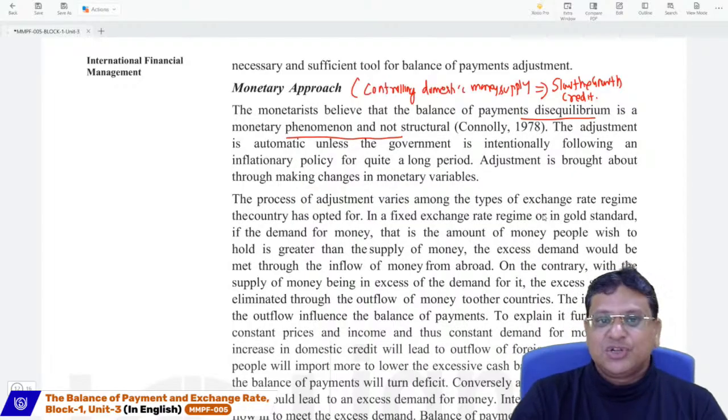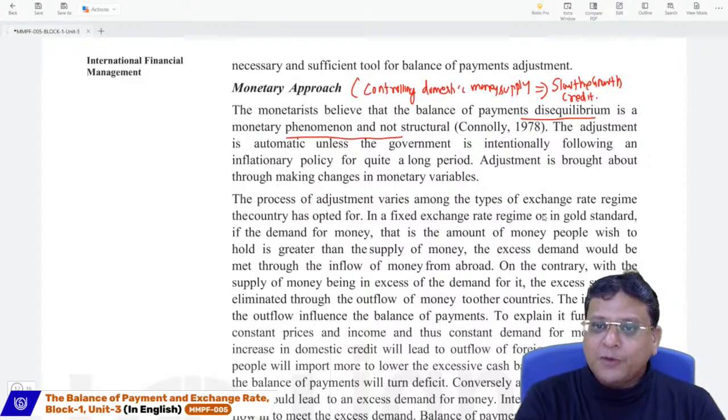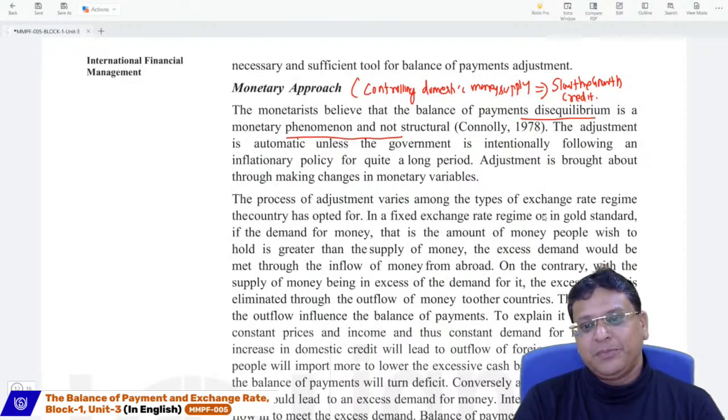It can adjust repo, reverse repo, bank rate. All these techniques can be adopted to curb or expand the money supply in the economy, as a result of which they can adjust the BOP deficit or BOP surplus.